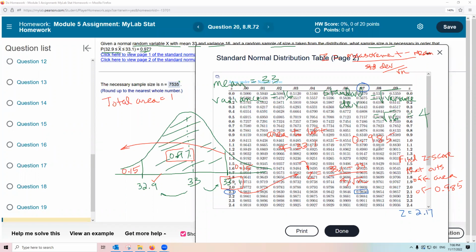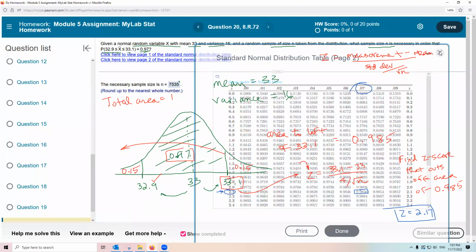The way I'm reading that is you go to the row 2.1, and then the column gives you the second decimal place. This column says 0.07. Let me erase a little of this up here so we can see it. Right, so this column says 0.07, that's telling you the second decimal position to use up here. So we're coming out that the z-score is 2.17.